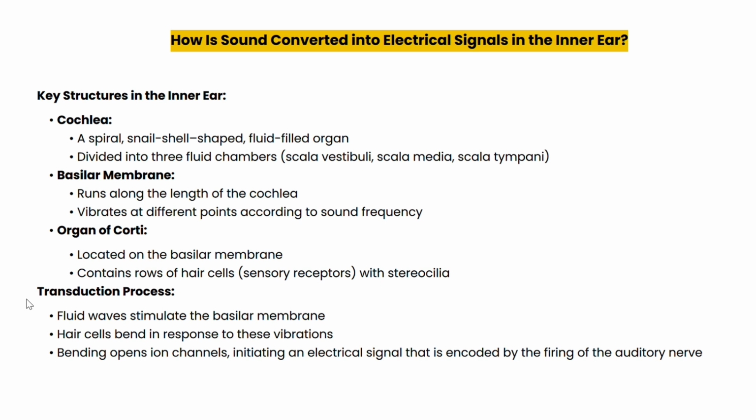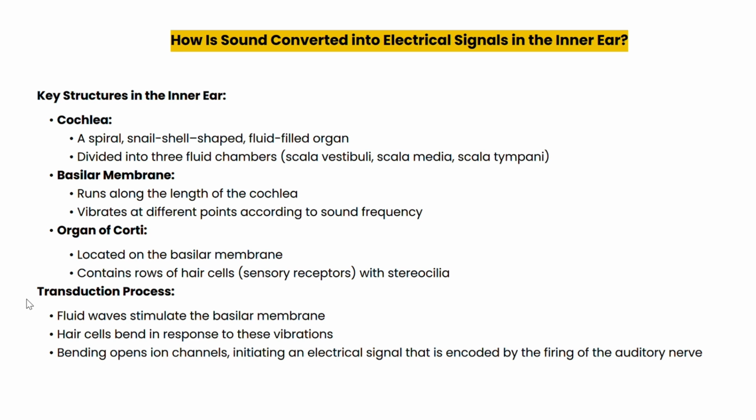Within the cochlea, the basilar membrane plays a pivotal role. It vibrates in response to the fluid waves, and these vibrations vary along its length depending on the frequency of the sound.